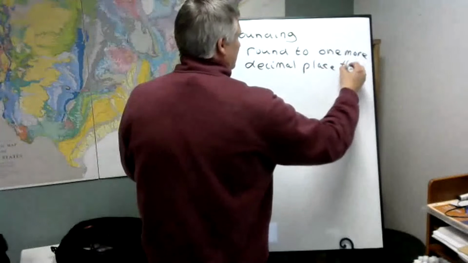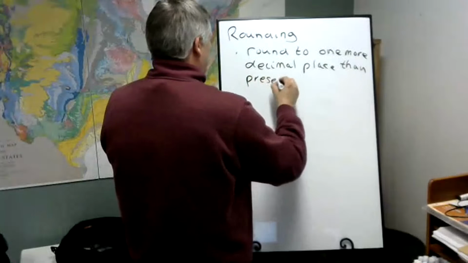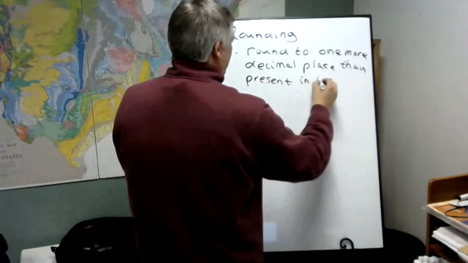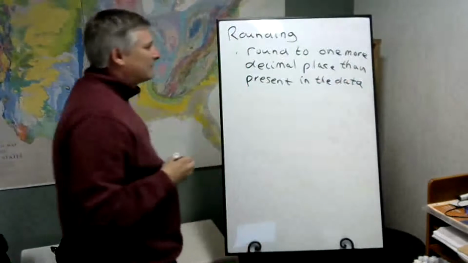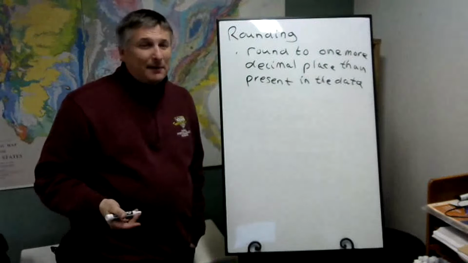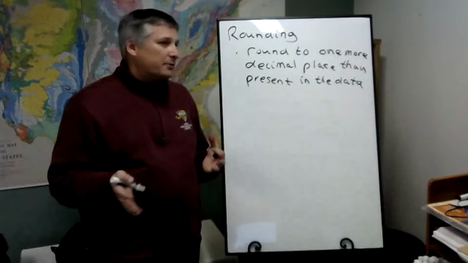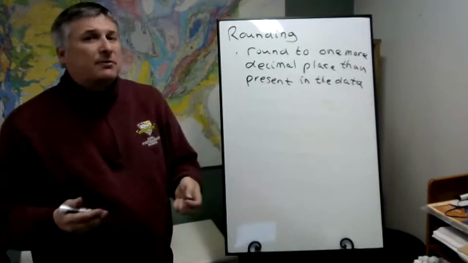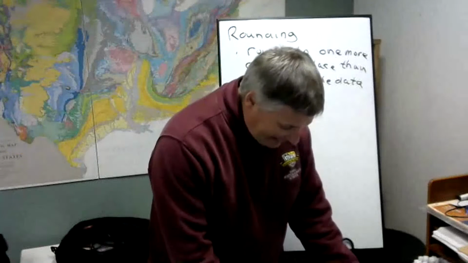We round to one more decimal place than present in the data. So it's the same guideline that we had for measuring center. So that's it.